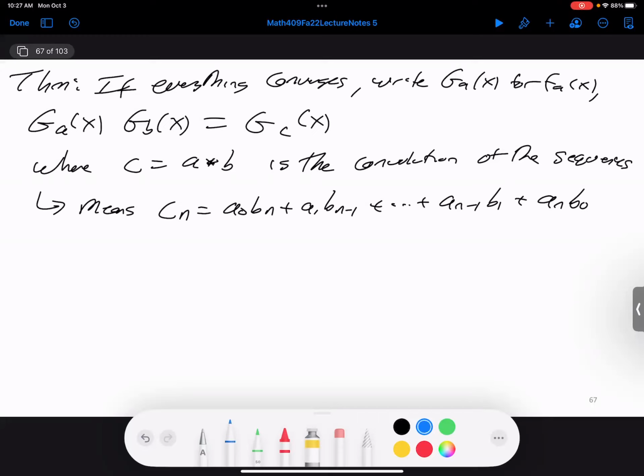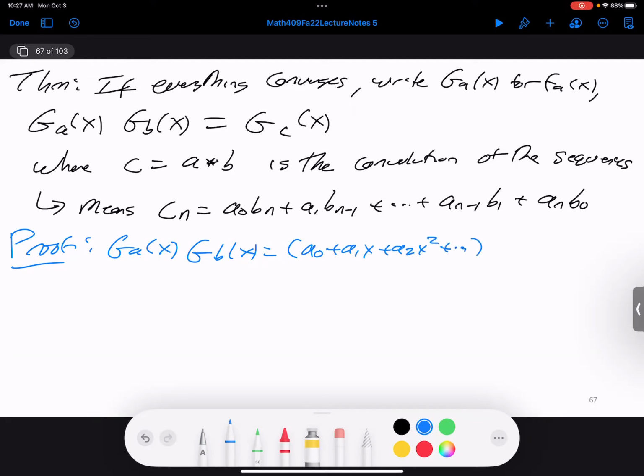And the proof is a direct calculation. G_A of x times G_B of x is a_0 plus a_1 x plus a_2 x squared plus dot dot dot, times b_0 plus b_1 x plus b_2 x squared plus dot dot dot. Now let's start multiplying. How can I get a constant term?